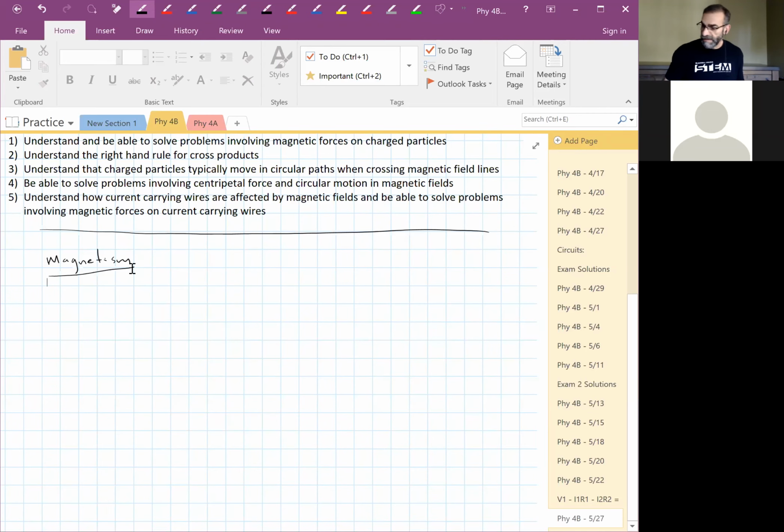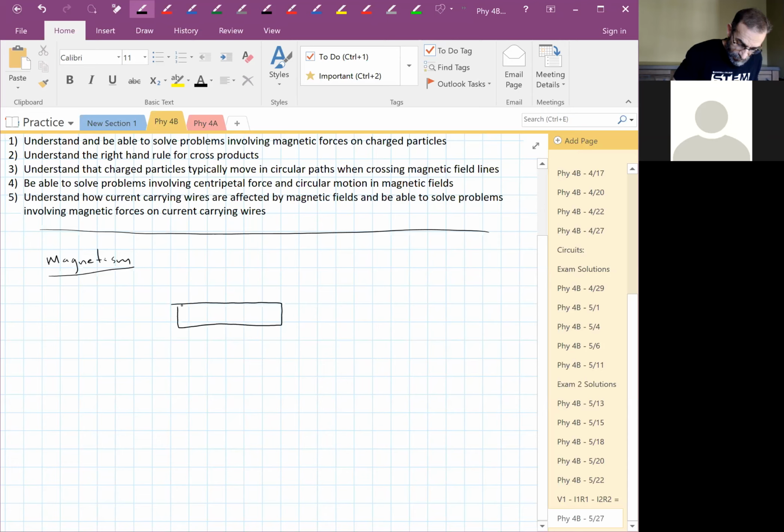Magnets. We've played with magnets, hopefully. So we know a little bit about magnets. We know that they have two poles on them, and someone came up with north and south.